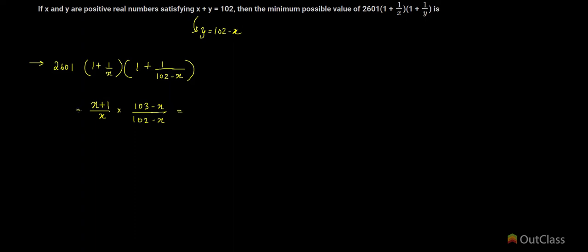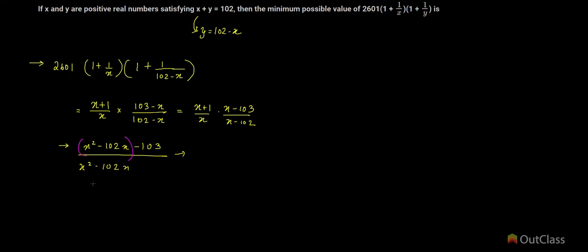So it becomes x plus 1 by x into x minus 103 by x minus 102, which becomes x square minus 102x minus 103 by x square minus 102x. This becomes, you distribute it. Where do you distribute? This by denominator minus this by denominator. So when you do that, you will get 1 minus 103 by x square minus 102x.